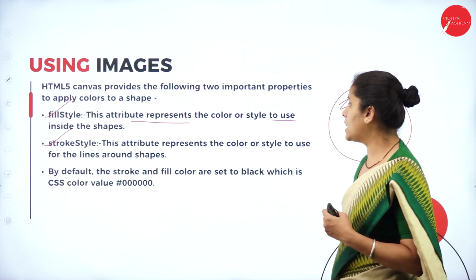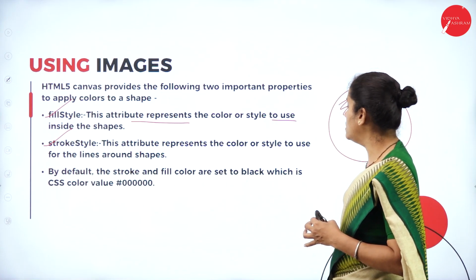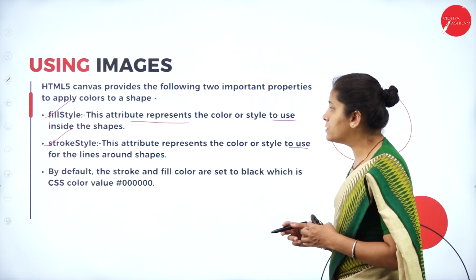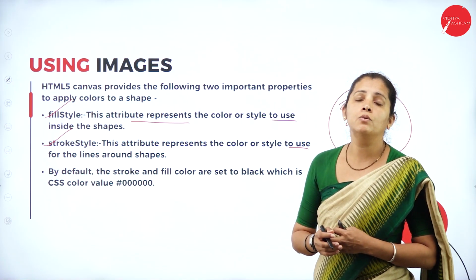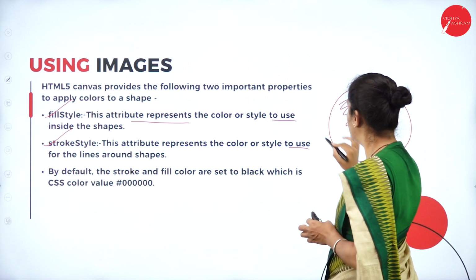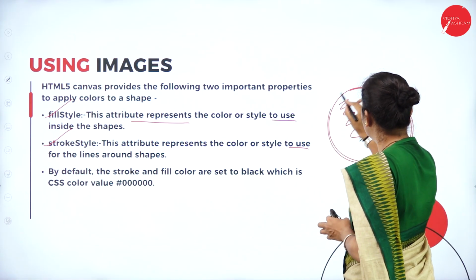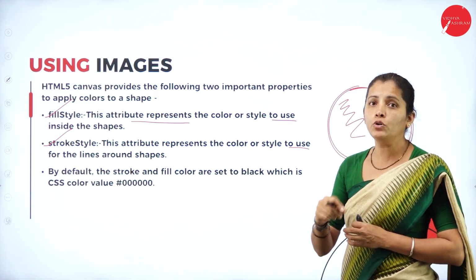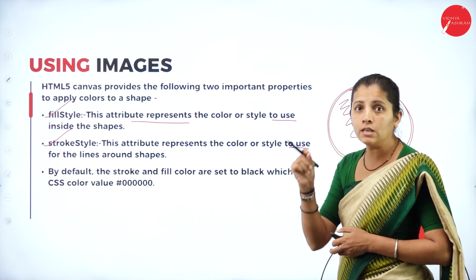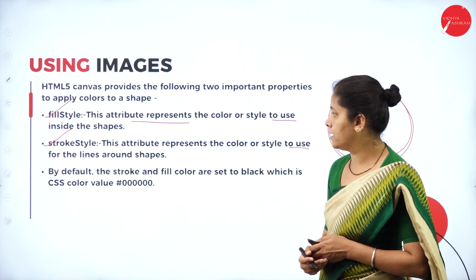strokeStyle is an attribute that represents the color to use for the line around shapes. See here, I have a circle, and this is the line. If I want to draw the line around the circle, then I'll use strokeStyle.